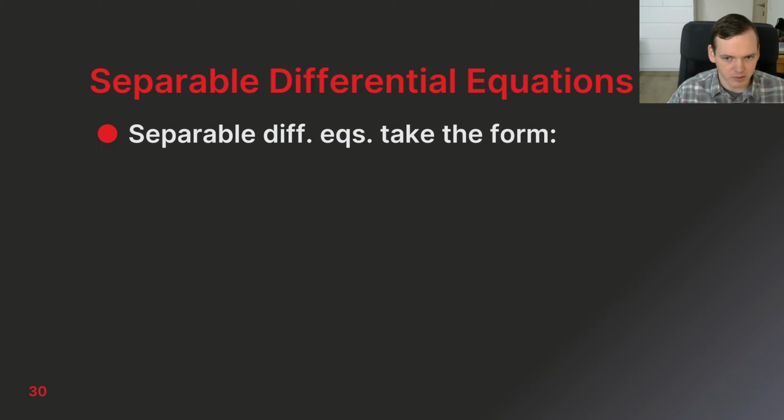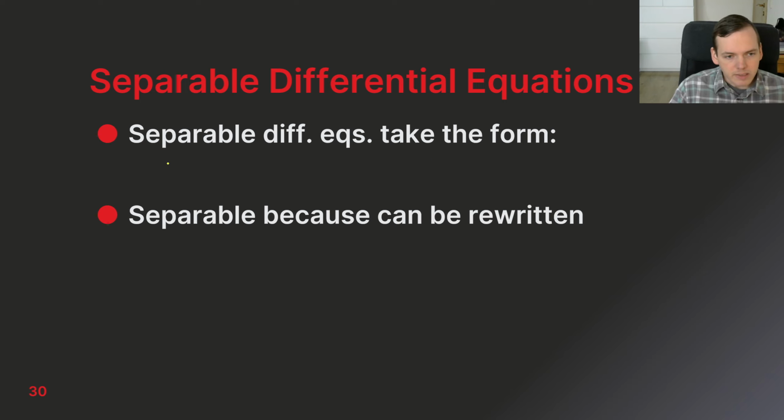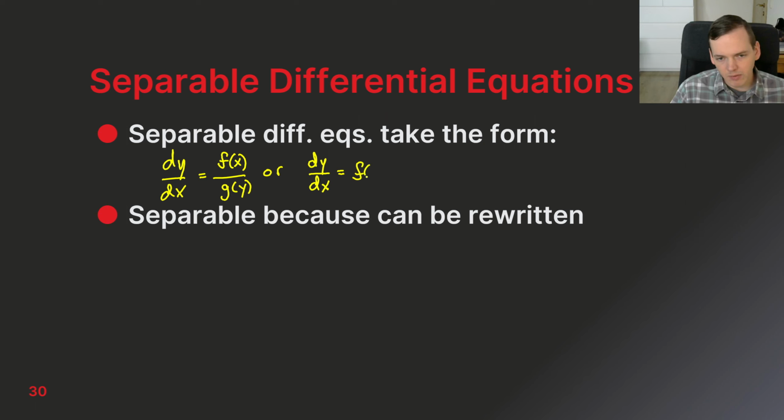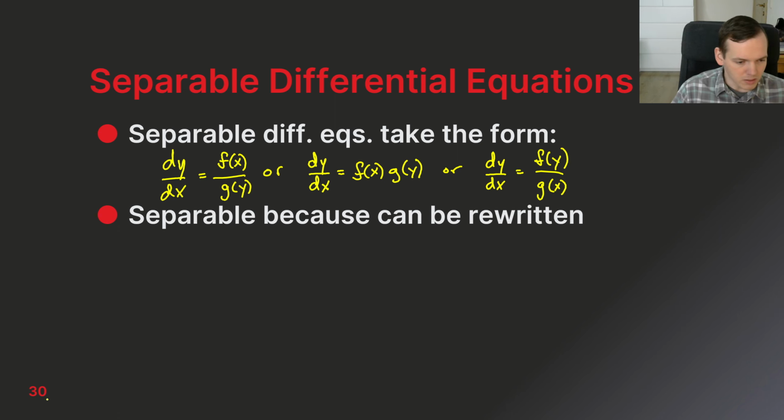Let me see how much space I got to write here. Okay, it's a differential equation that either looks like this, dy by dx equals f of x over g of y, or dy by dx equals f of x times g of y, or technically there's one other form we can write, dy by dx equals g of y over f of x.